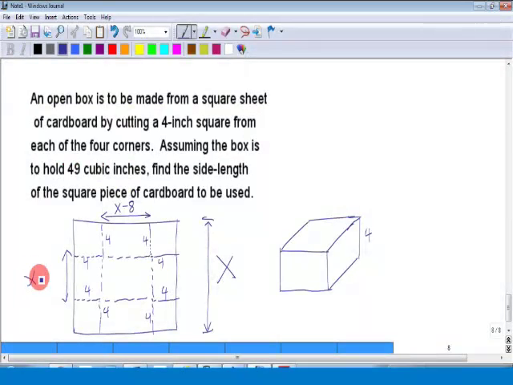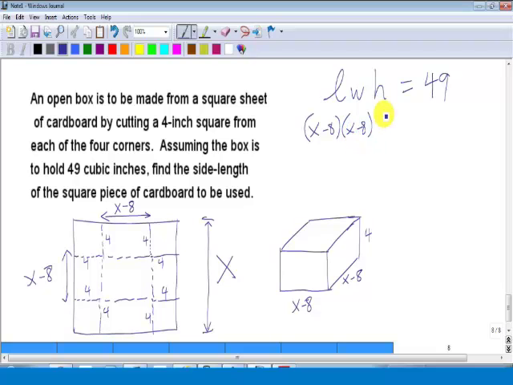So this is X minus 8, and this is X minus 8. And we've got our 3 dimensions. Length times width times height needs to be 49 cubic inches. And so X minus 8 times X minus 8 times 4 needs to be 49 cubic inches.